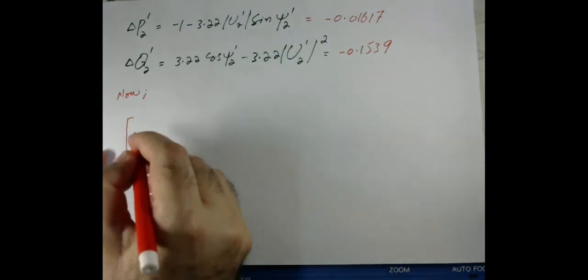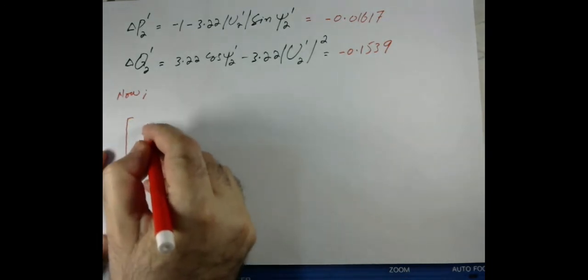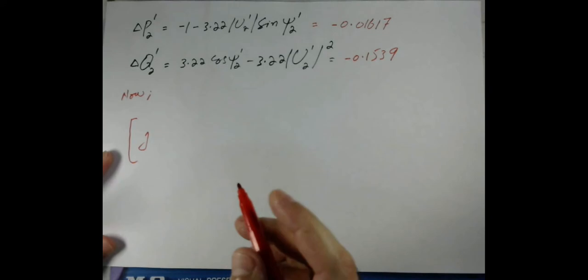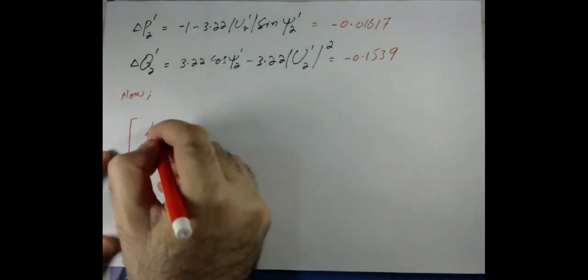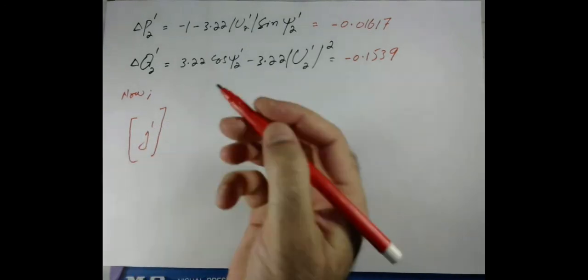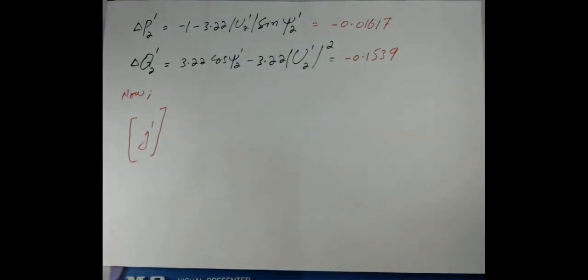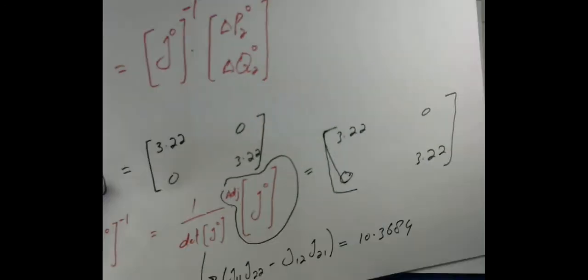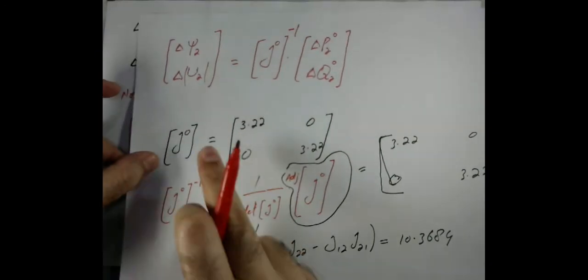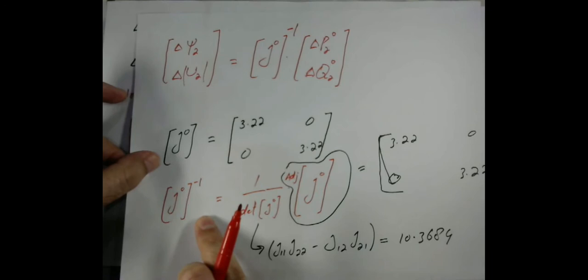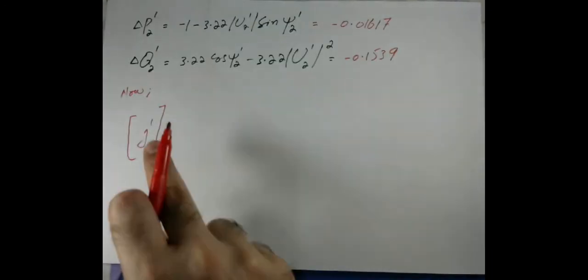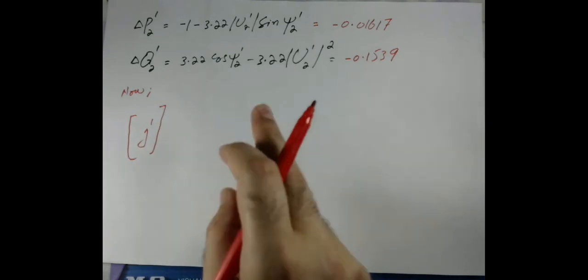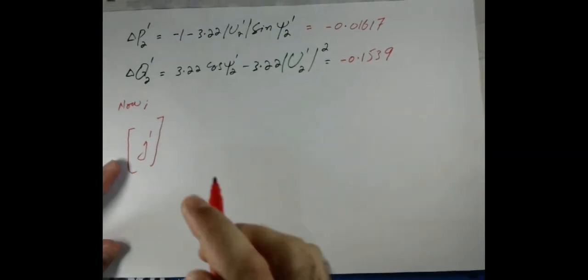If you remember, initially I put 0 here, that was the Jacobian matrix for the initial guess, and then I took the inverse of that matrix. Now I will put 1 here, because I will use the updated values of the voltage and the angle.